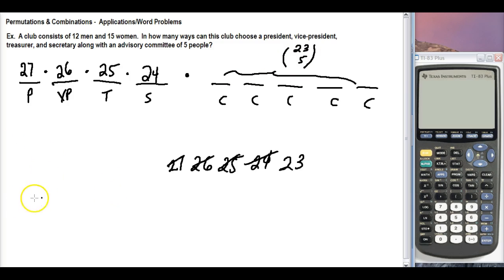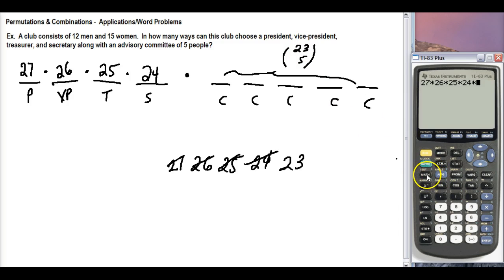And so for this one, if we go ahead and do all that, I'm just going to do it all in the calculator here, since this will be a rather long calculation. So let's do 27 times 26 times 25 times 24 times, and now we're going to do the combination of 23 things grouped 5 at a time.